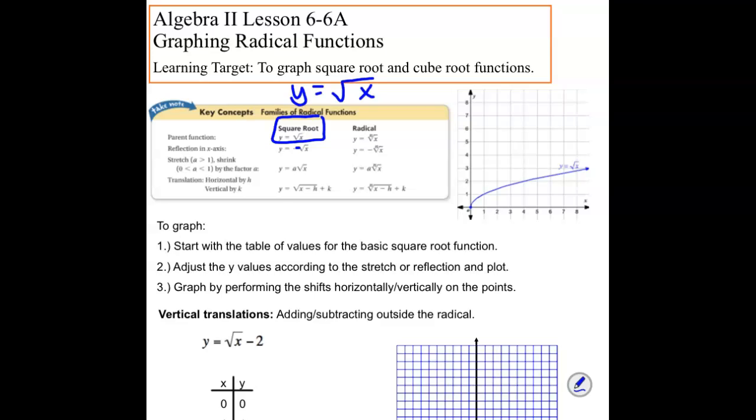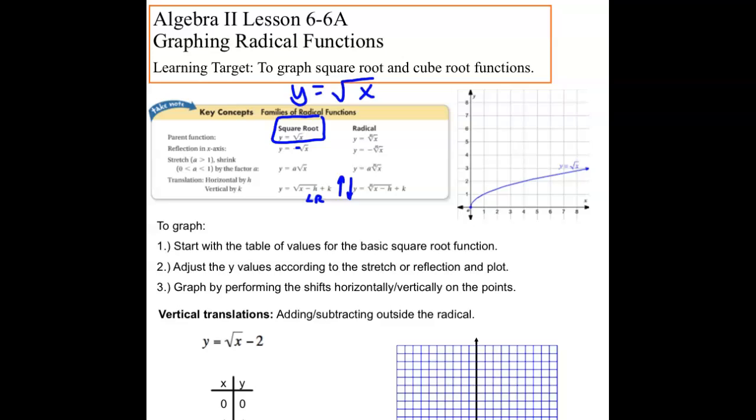So anything bigger than 1 is going to stretch it. Any number between 0 and 1, like a half, is going to shrink it. And then our h and k, remember, is our left-right shift and our up and down shift. And the same thing is true for all radical equations, but we're going to focus on the square root ones today.